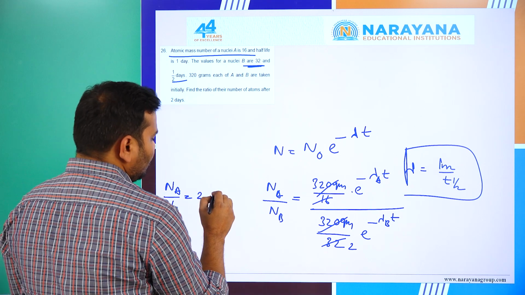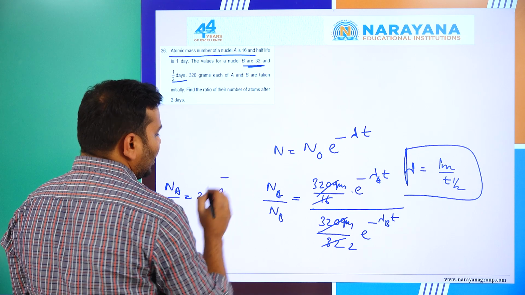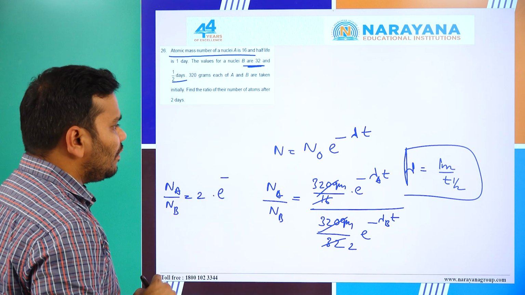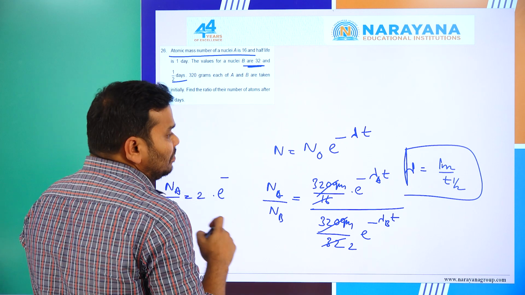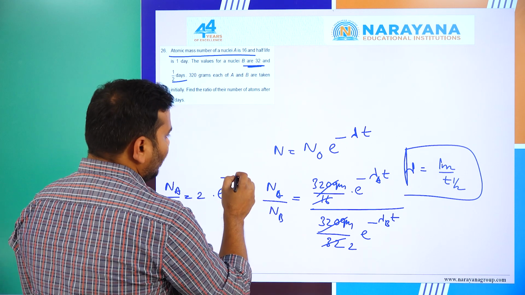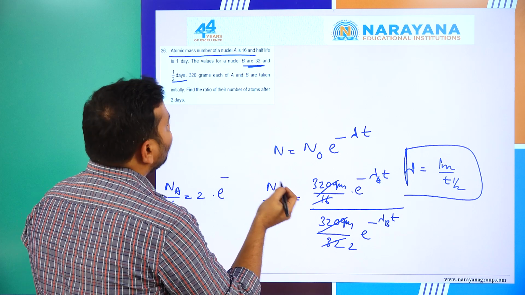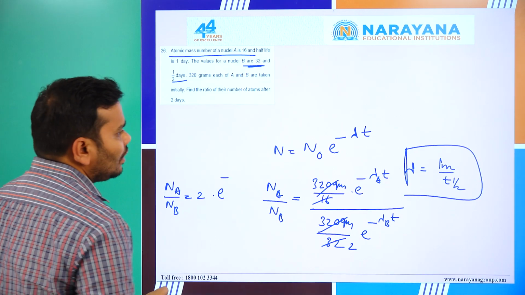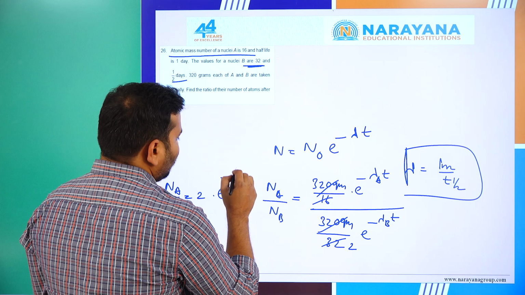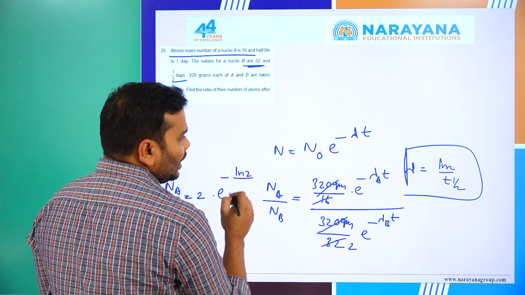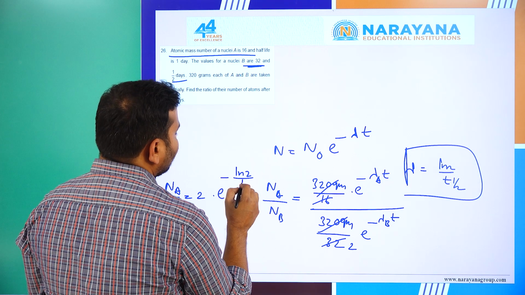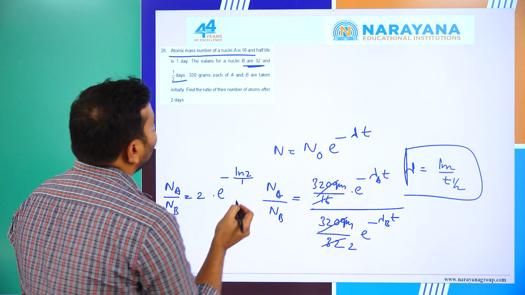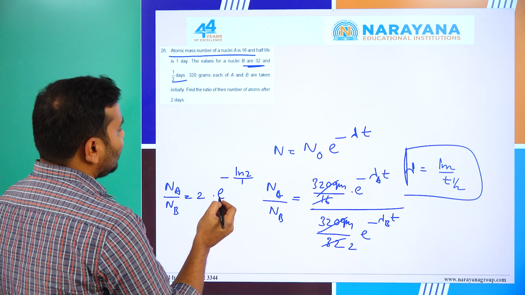e power minus lambda a t. That lambda a value you can write as ln 2 by t half, where t half for A is given as 1 day.